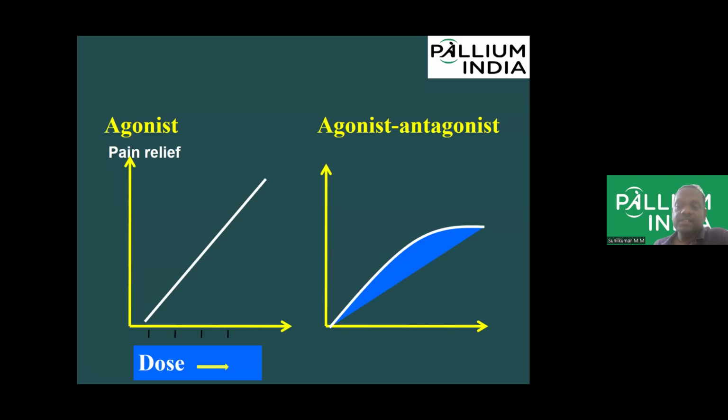That means this group of medication has a ceiling effect for analgesia. So that's the difference between these two groups of medication. Agonists have no ceiling effect for analgesia, but agonist-antagonists have a ceiling effect for analgesia. Okay, and examples of agonist-antagonists are buprenorphine and pentazocine.